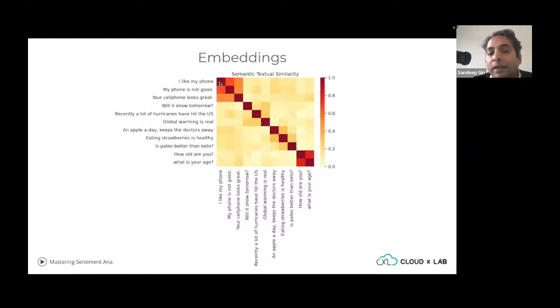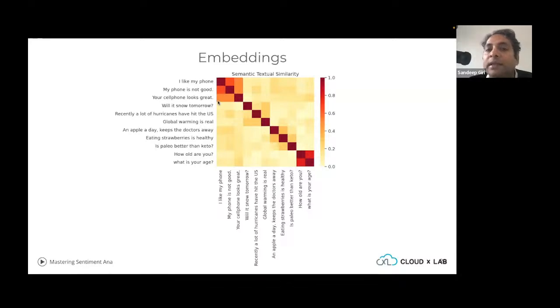The darkest part means they are exactly identical, a little lesser dark means they're very similar, and very light means they are not similar at all. For example, my phone is good and I like my phone, you can see the darker color. Your cell phone is great and I like my phone are similar, you can see it here.